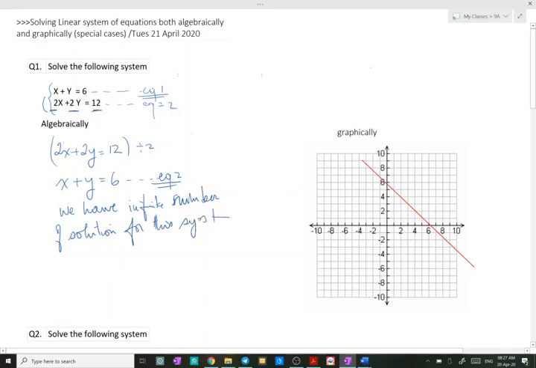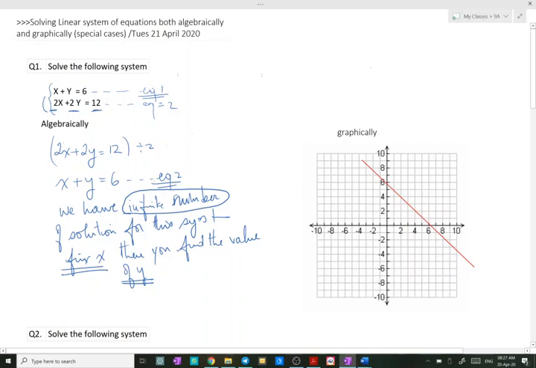So we just have to fix x, and then you find the value of y. For any value of x, you're going to have a value for y. So this is what we call an infinite number of solutions. This is the algebraic interpretation.